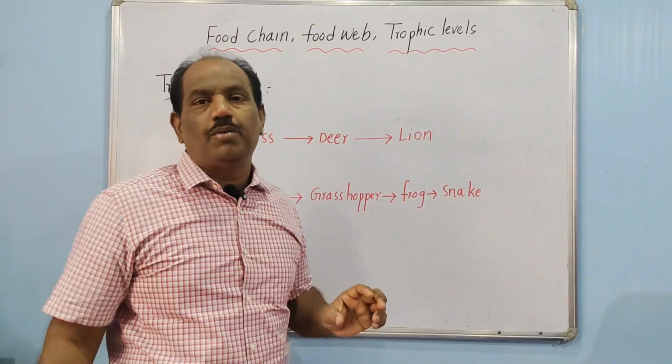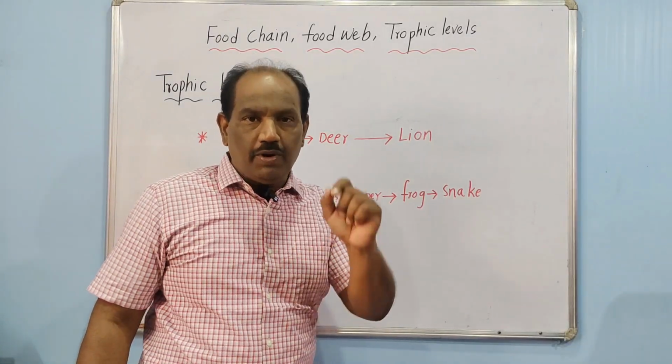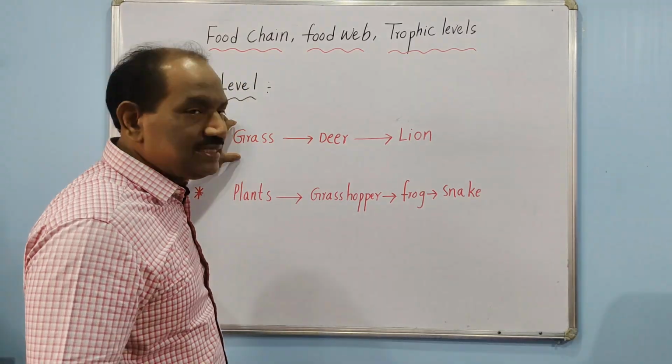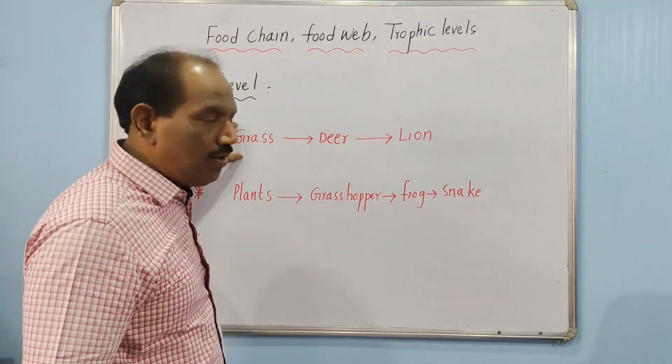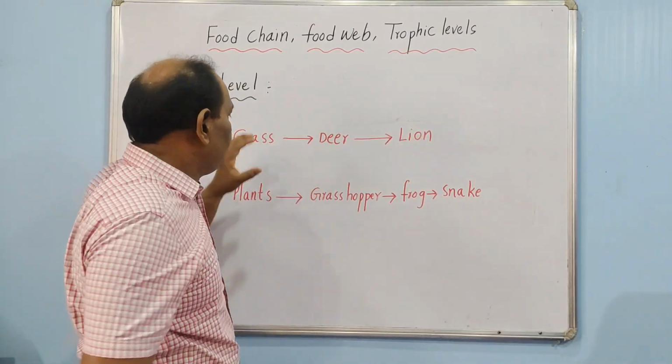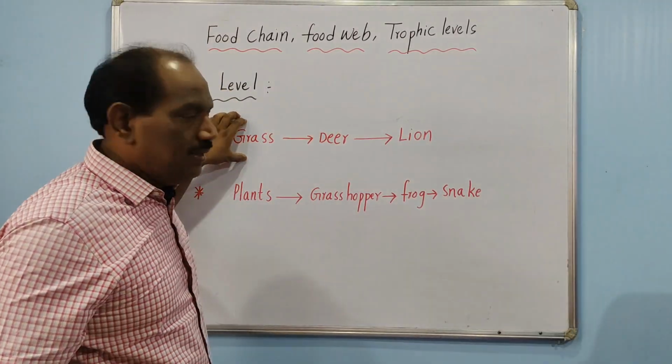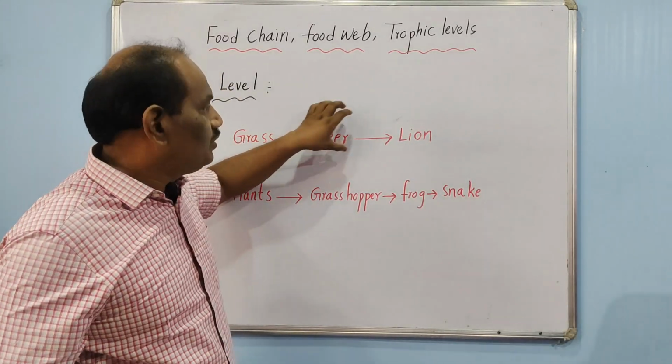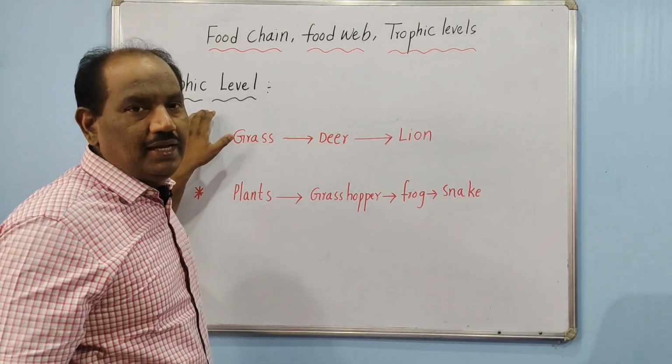Here only three trophic levels are there. Then what is a trophic level? In a food chain, each step, each level of the food chain is called a trophic level.